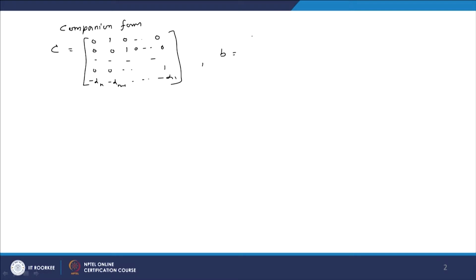And let us consider matrix D, which is a column matrix like this, and let y of t belong to R n and u of t belong to R for each value of t.